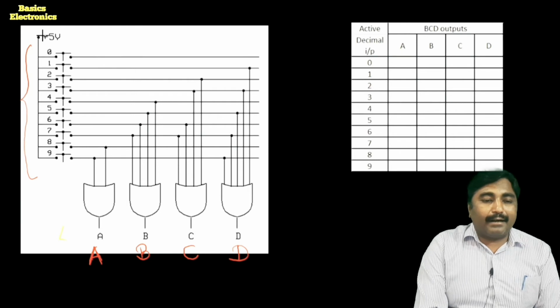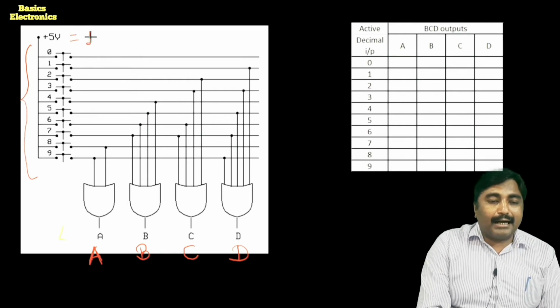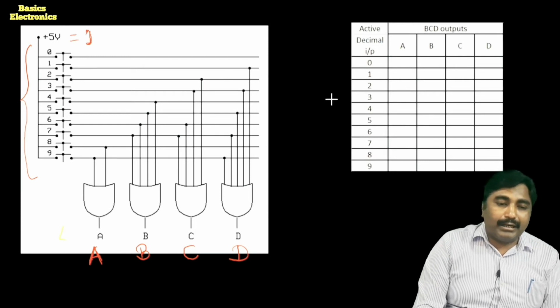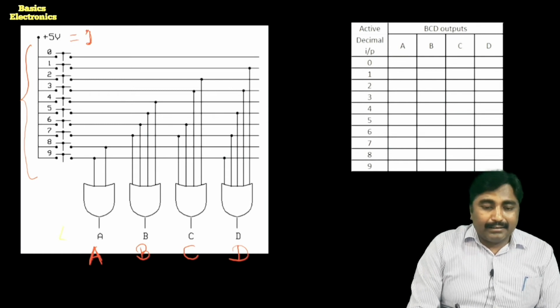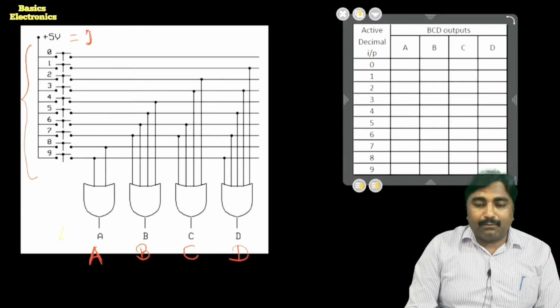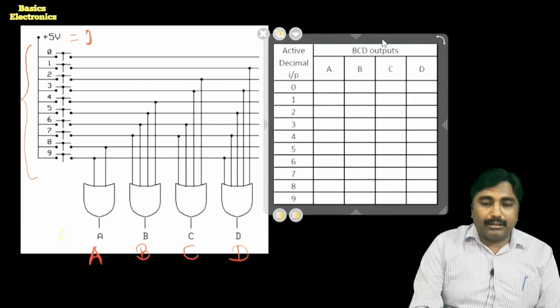These switches are connected to the plus 5 volt, meaning these are connected to the logic 1. Okay, and here the connections are made according to the output. So in this truth table, we see what type of output we get when we apply a particular switch.